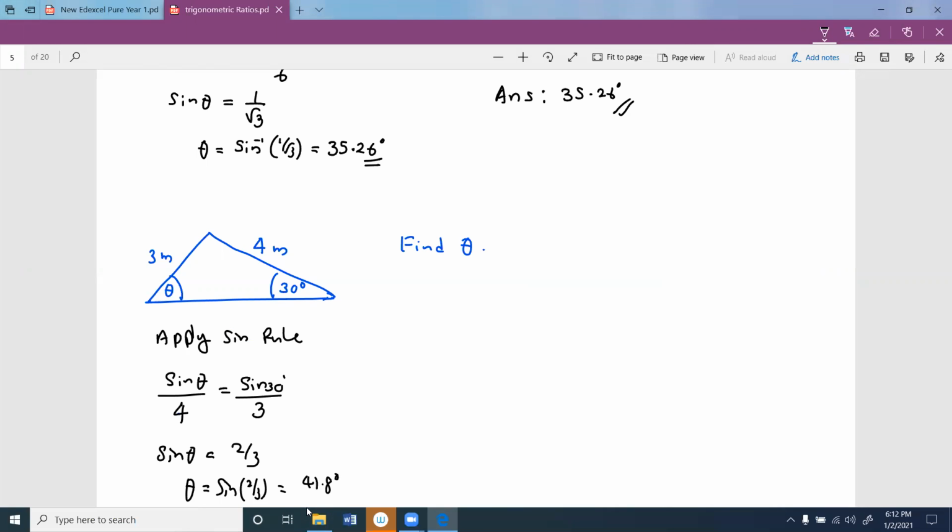Now the first angle, theta 1, is equal to 41.8. Theta 2 would be 180 minus 41.8, so that is 138.2.